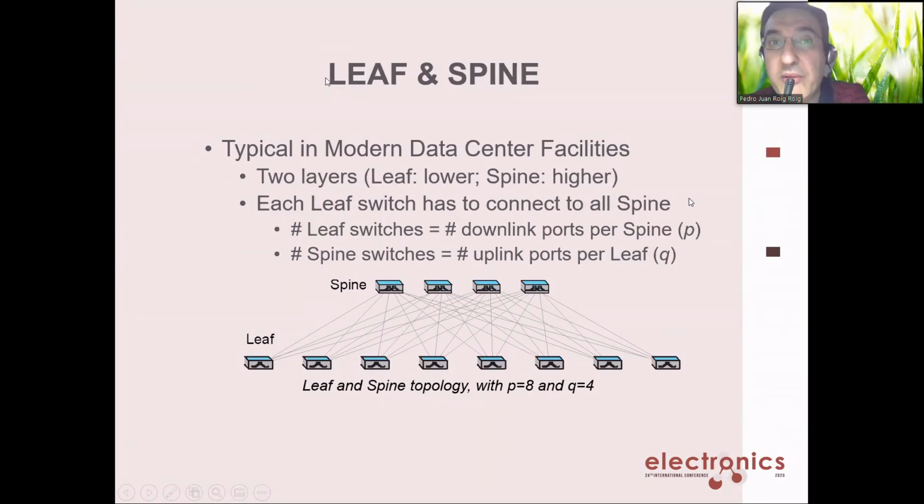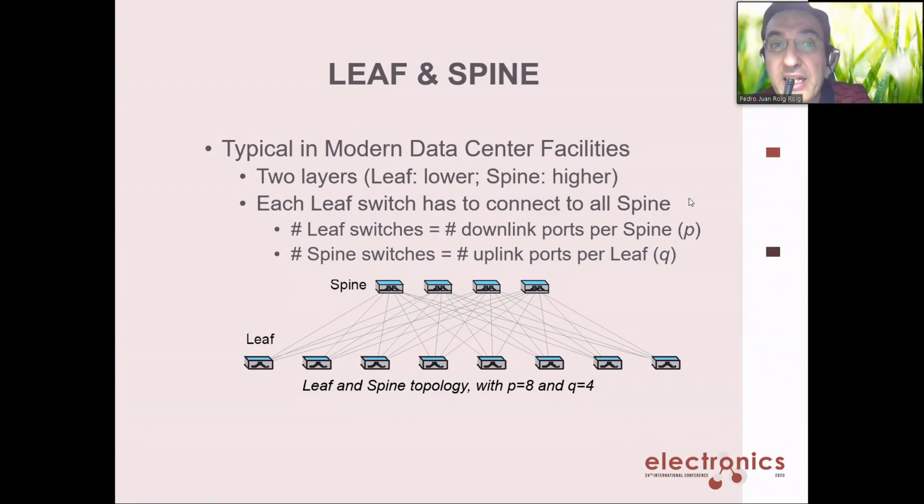So the proper solution here is leaf and spine, right? Leaf and spine is typical in modern data center facilities, where we have just 2 layers of switches, the lower layer called leaf and the upper layer called spine. And here each leaf switch has to connect to all spine switches in a full mesh topology fashion, right?